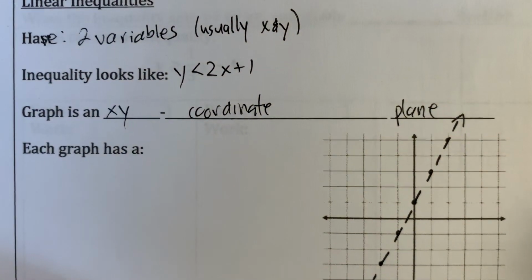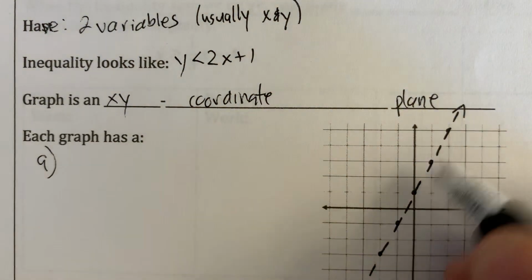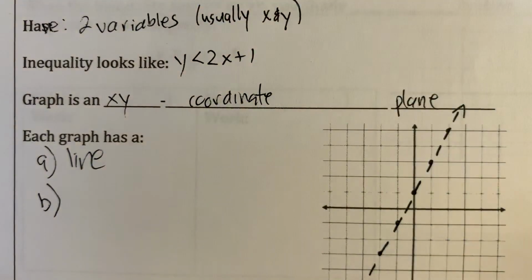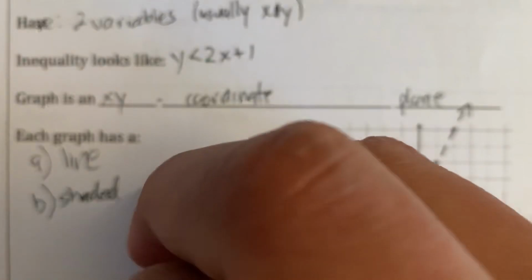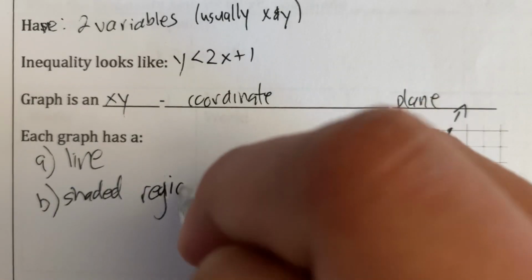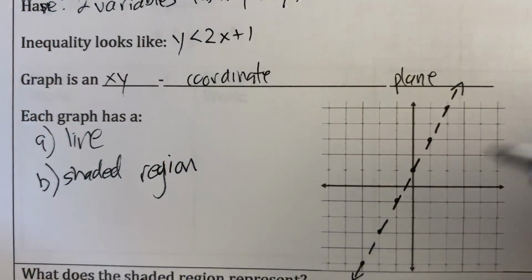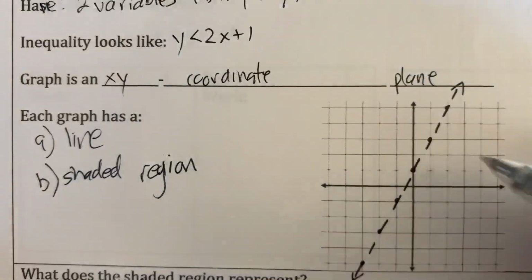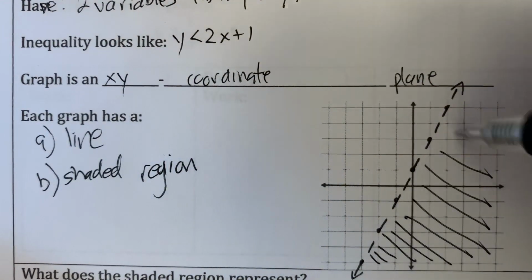Each of these graphs for linear inequalities has two things. They have a line, but they also have a second thing. They have a shaded region. So for this graph, this is not a complete inequality. This also has a shaded region. So something like this, instead of just being a line, would be graphed with a shaded region below.